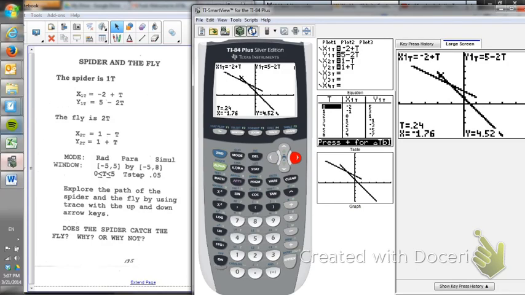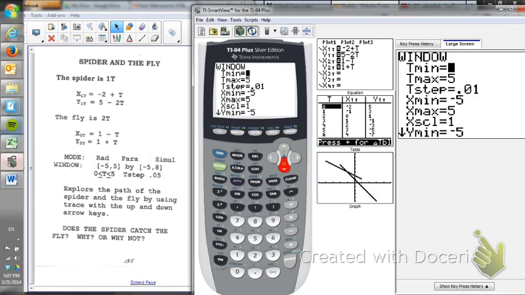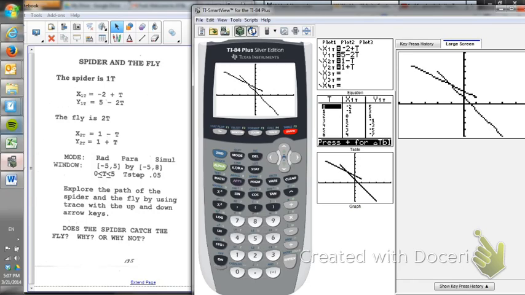As I'm tracing here, as I get closer to that intersection, I'm going to change my t step to be a little bit bigger so I can get there a little faster. Okay, so I get to that intersection, and the trace says that intersection is -1, 3.